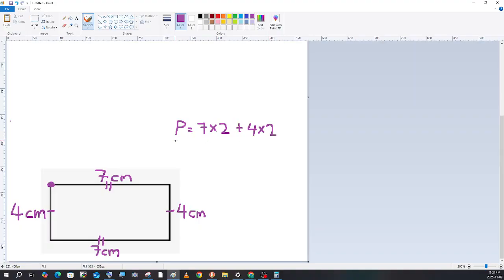Okay, 7 times 2 is 14, and then 4 times 2 is 8. So it works out to 14 plus 8, which in this case is 22 centimeters.